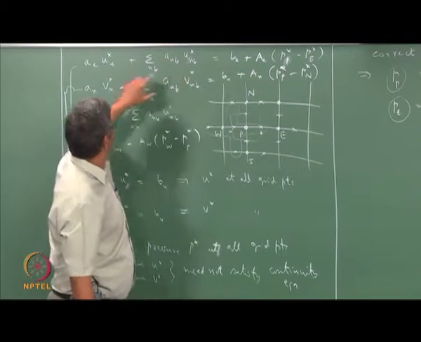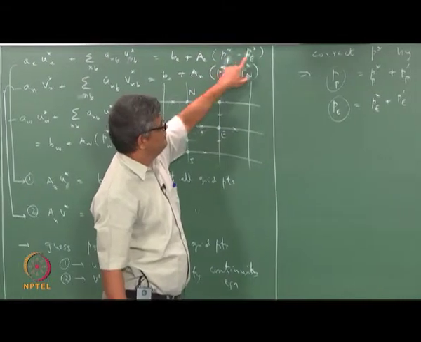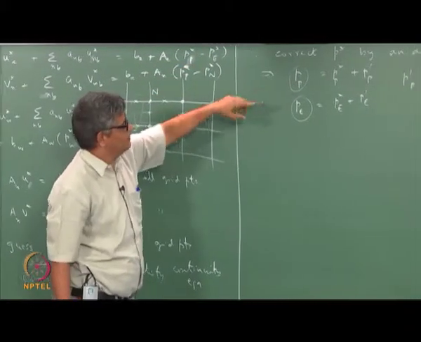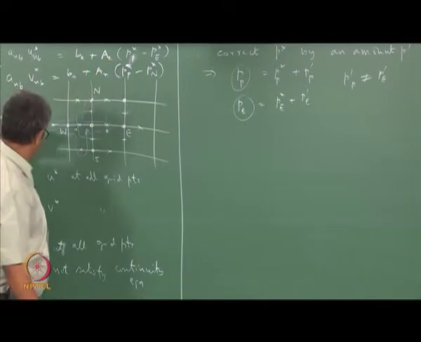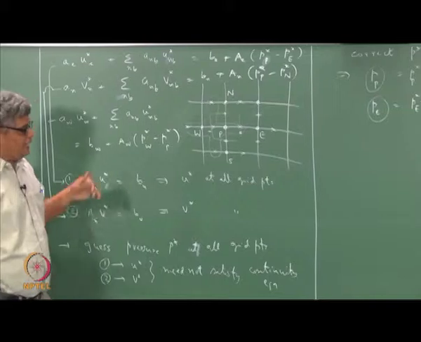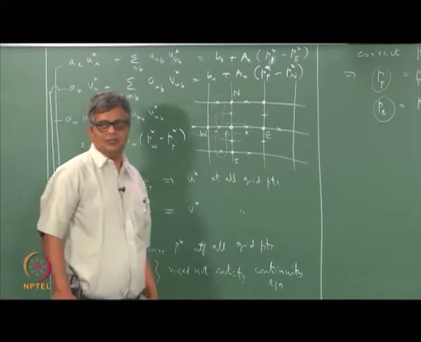So, you have the same coefficients here, only instead of putting P star here we put actual corrected pressure, what we believe are the true pressures. So, if we get this, then we get new values of u and v, and the new values of u and v should be such that they satisfy the continuity equation.